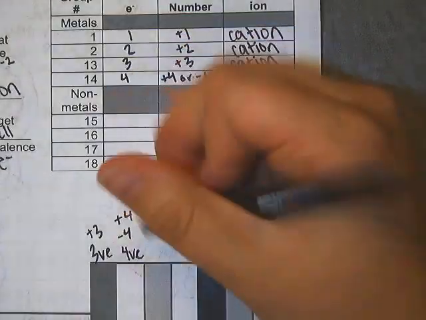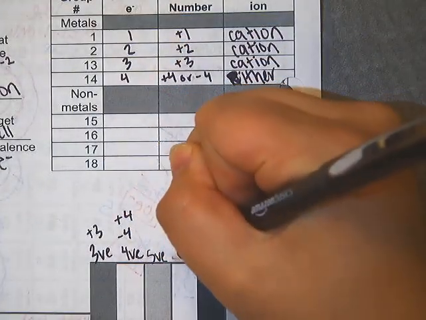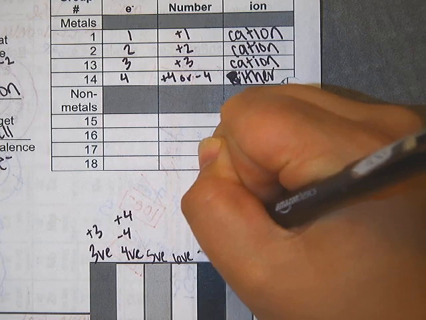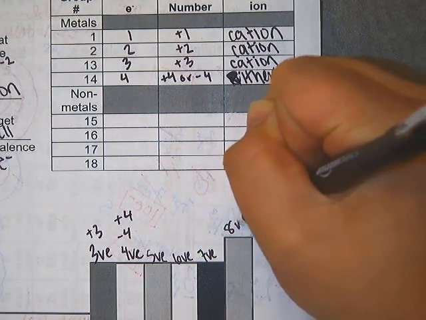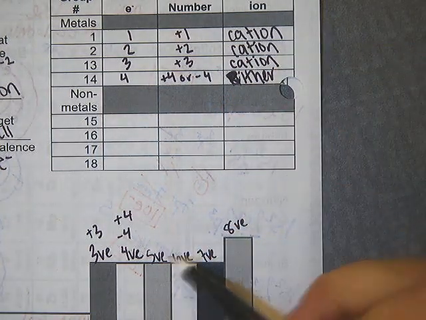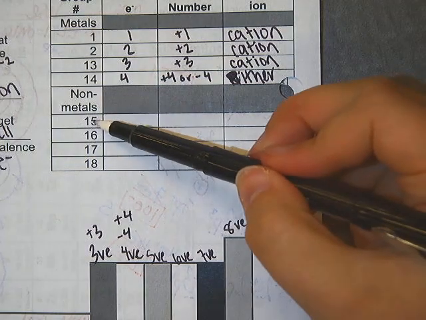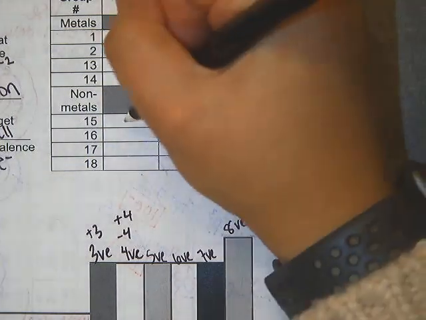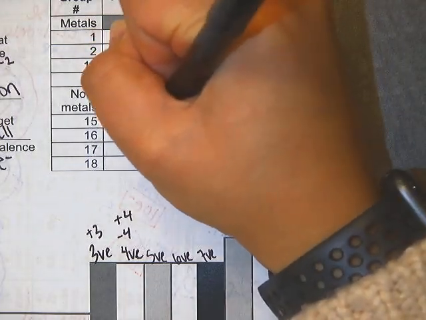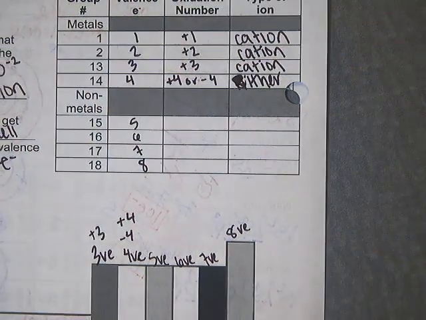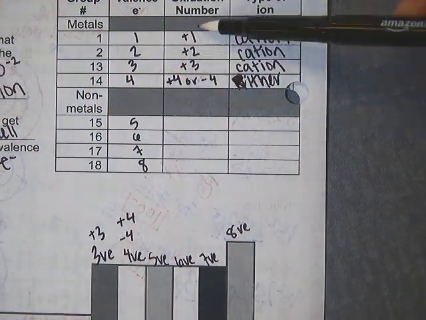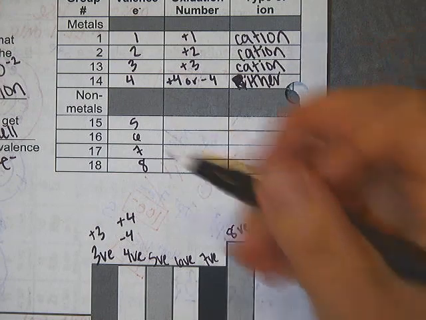And then group 15 has 5 valence electrons, 16 has 6 valence electrons, 17 has 7 valence electrons, and 18 has 8 valence electrons. 5, 6, 7, 8. It matches 5, 6, 7, 8. So this is the distinction between when they are losing electrons to become positive or gaining electrons to become negative.